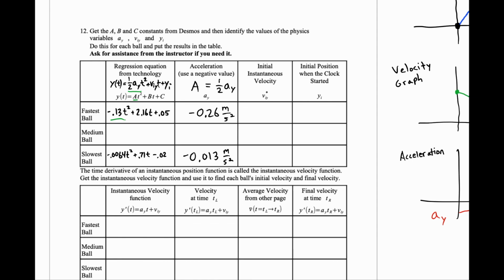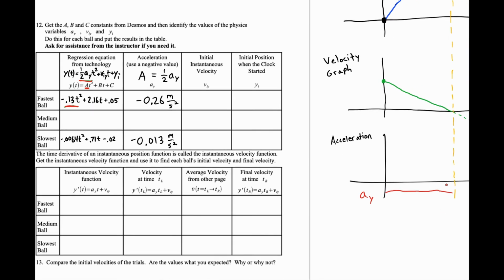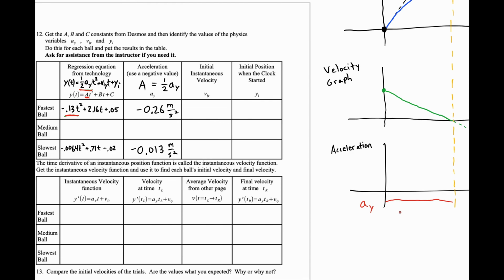Now you want to interpret what the initial instantaneous velocity is from your quadratic as well. So this one's the acceleration, which corresponds to the red graph over here. Alright, so that's just a negative 0.26 for that one trial. But now you want to find what was that initial velocity that you rolled it with, v_i.